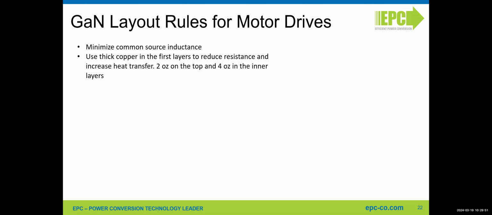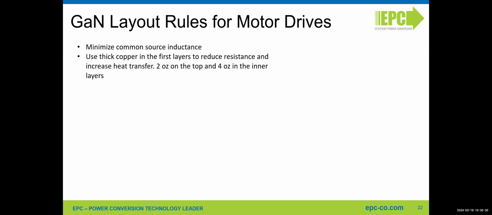For motor drives, it becomes really important to use thick copper in the first layers where the GaN-FETs are attached. The reason is we need to reduce the resistance in general of the inverter, and the resistance is not just RDS(on). Talking to customers, most of them always talk about the RDS(on) of the transistor, of the MOSFET, but they don't talk about the resistance of the interconnection of the PCB, of the IMS.